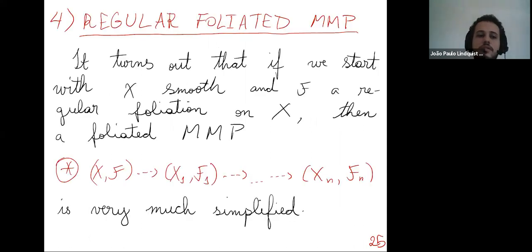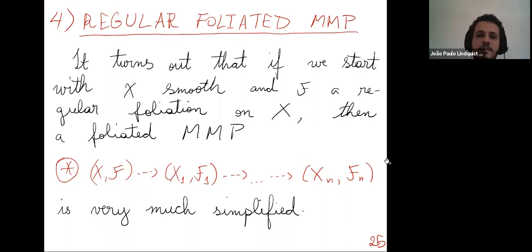So in our context, we start with X smooth and F regular, and using the foliated MMP, we can get a model such that the final result has K_F nef and canonical, or is a Mori fiber space. But in this case, when both X and F are smooth, this process is very much simplified.